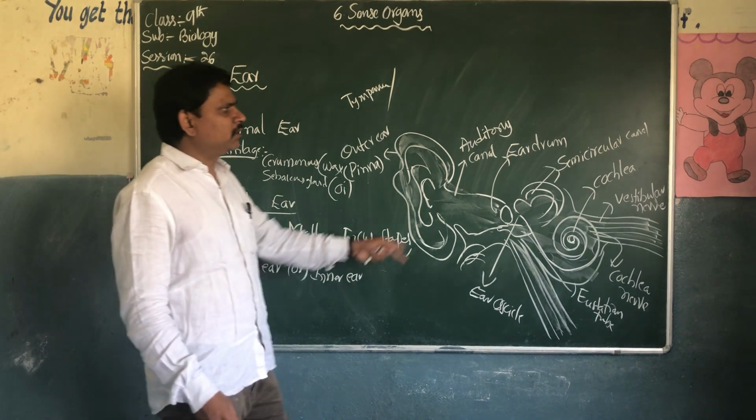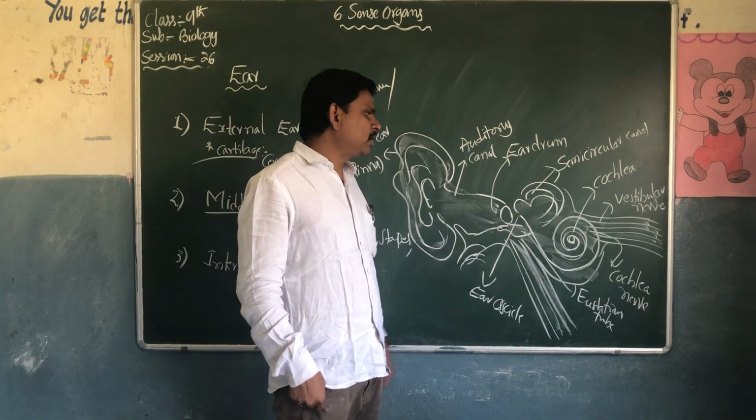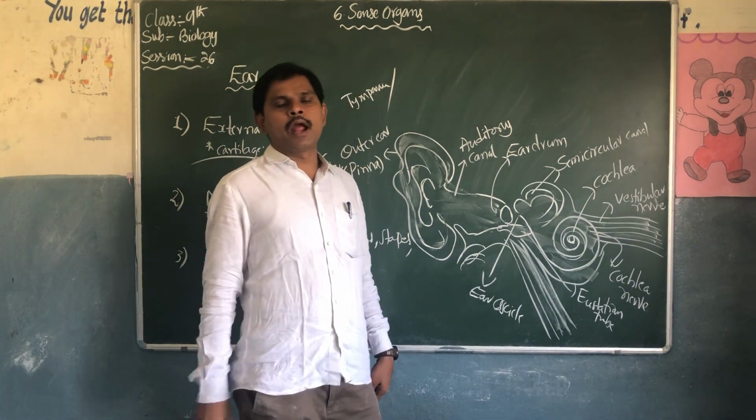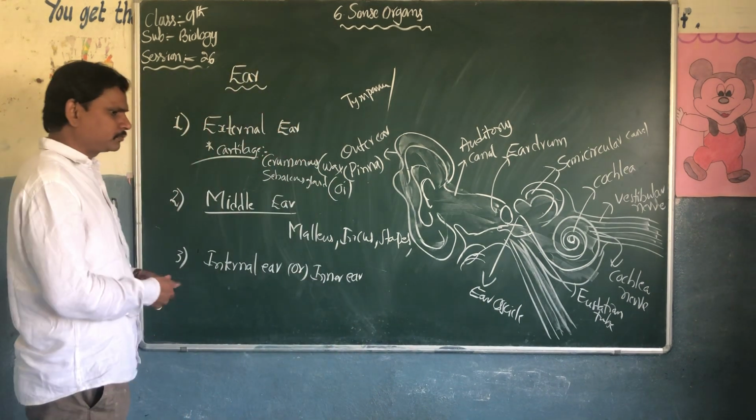There are semicircular canals, the cochlea, and vestibular nerves. The cochlear nerves or vestibular nerves send messages to the brain, and the brain will give a reply to the body organs.